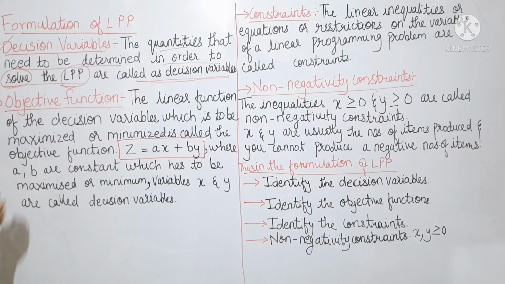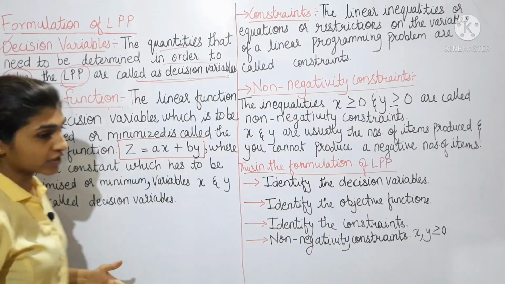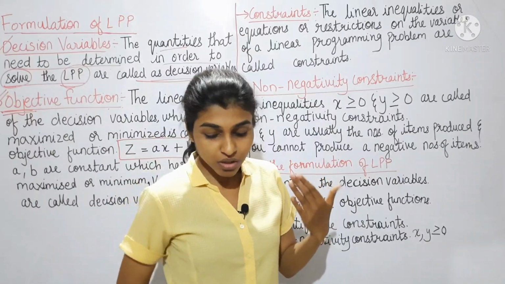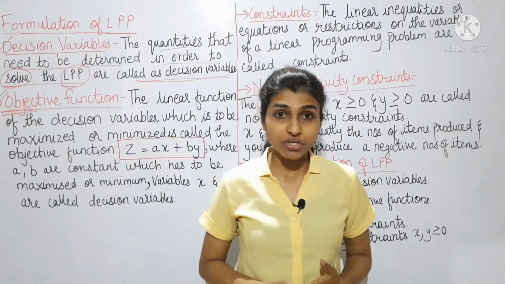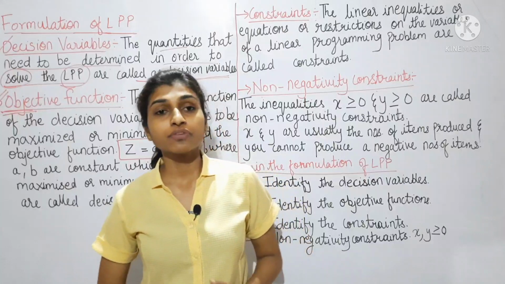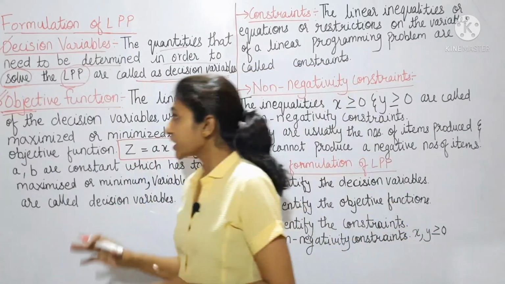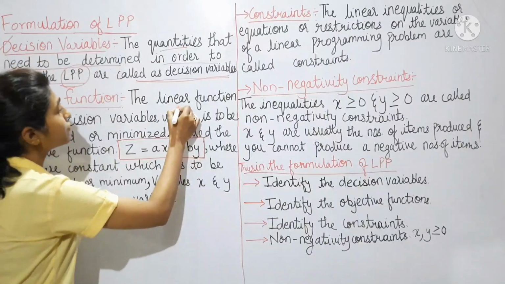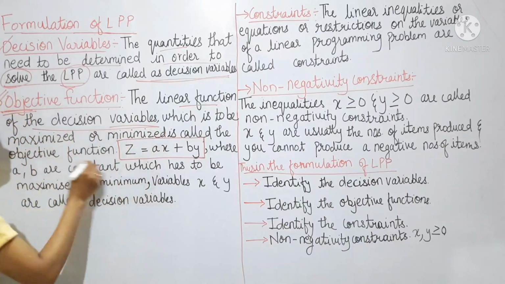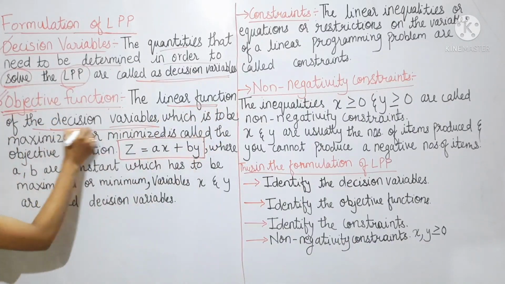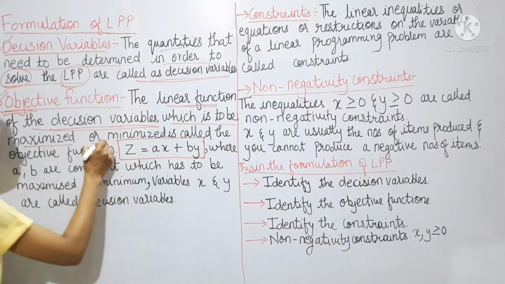Next component is objective function. This is important. What is objective function? The goal or the objective to be achieved is called the objective function. Objective function is a linear function of the decision variables which is to be maximized or minimized.